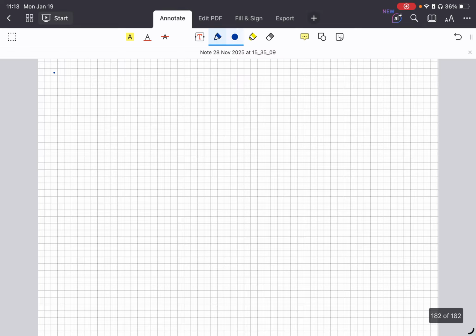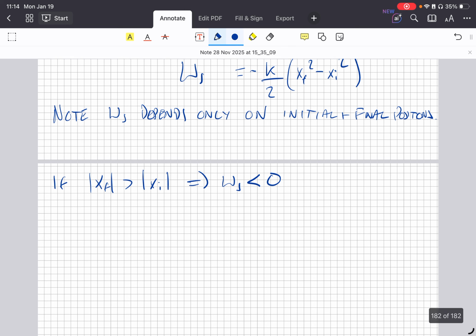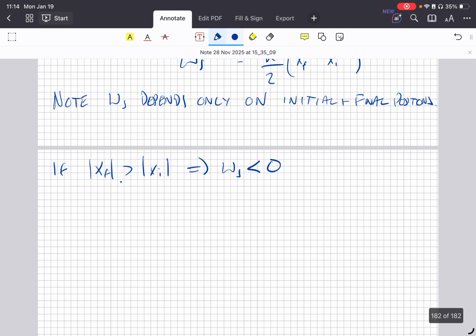So if the magnitude of xf is larger than the magnitude of xi, then that means the work done is positive. Sorry, opposite of what I just said. The work done is negative. So this bracketed term is positive, so the whole right-hand side is negative. So if xf is larger than xi, then the work done is negative.